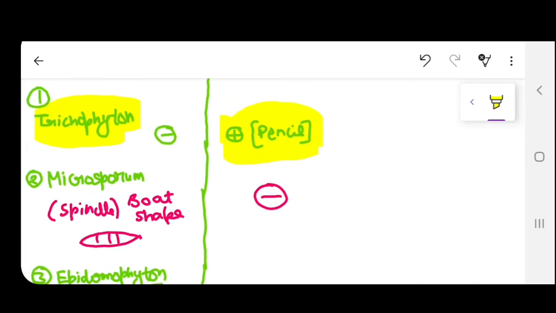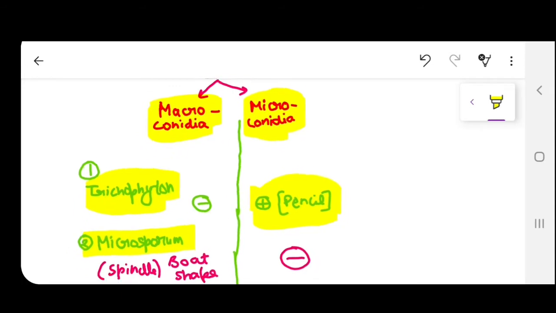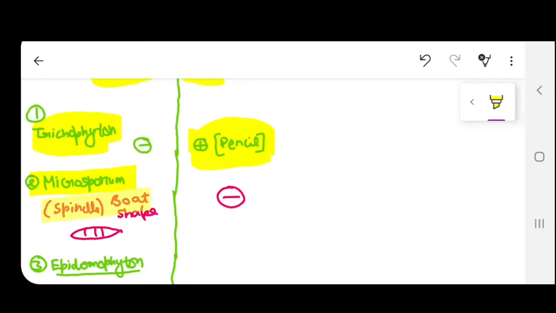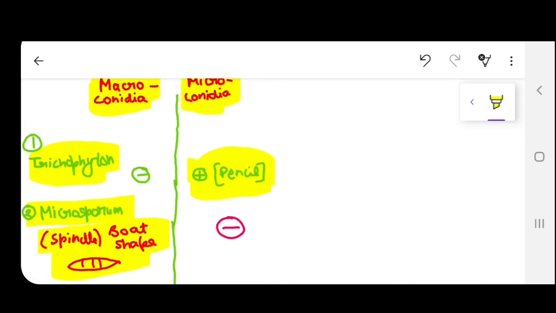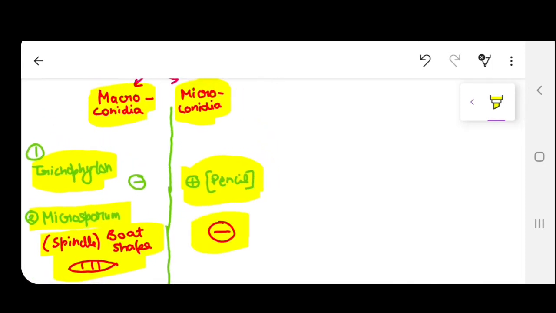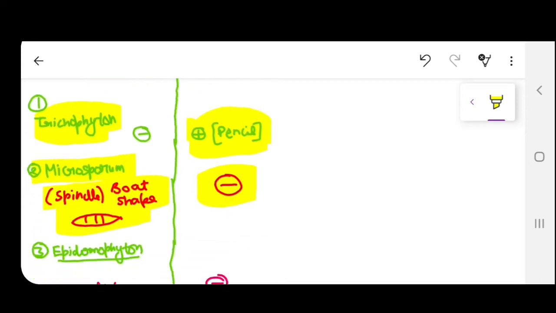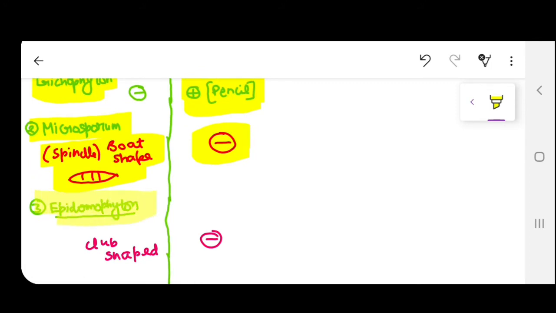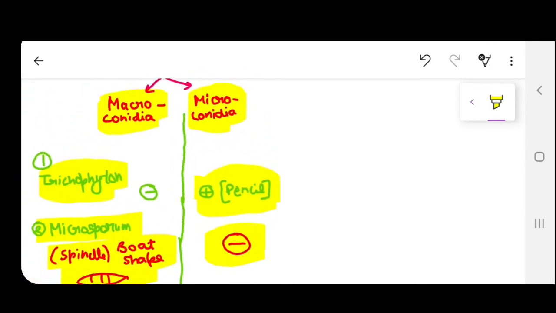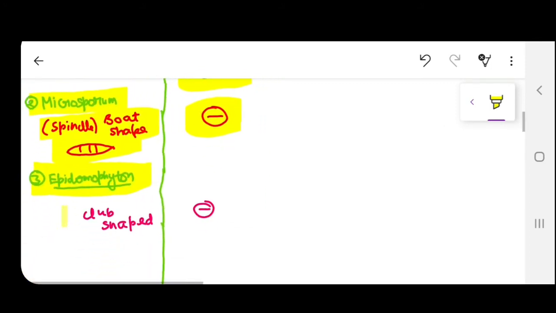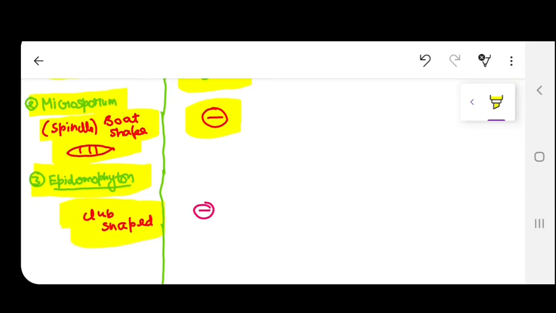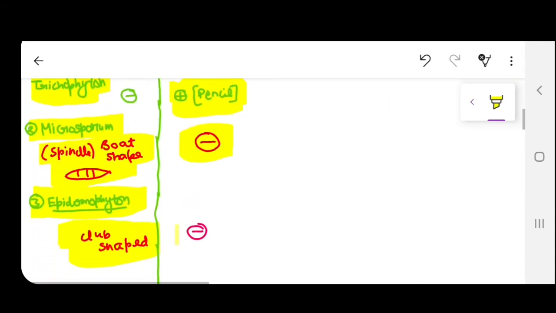And then we have Microsporum, in which the macroconidia are spindle or boat shaped, and the microconidia are absent. Third, we have Epidermophyton, in which the macroconidia are club shaped, but there are no microconidia.